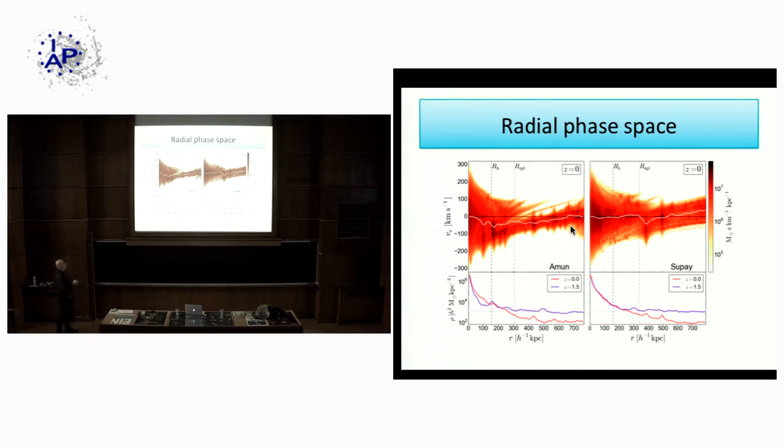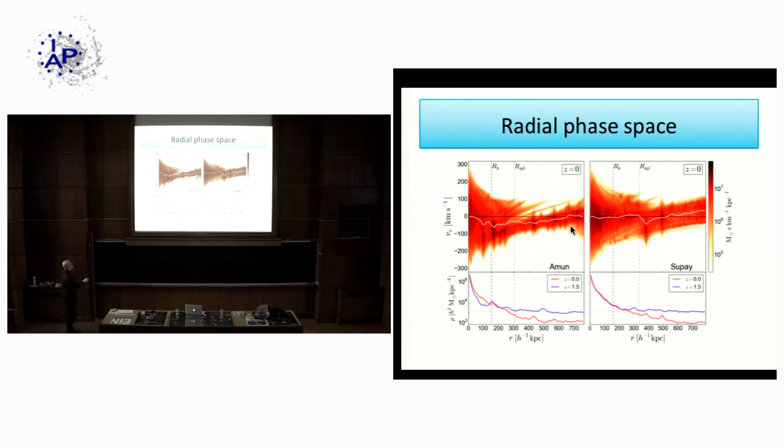So I repeat, three components: the virialized part of the halo, an infalling branch with rather limited velocity dispersion, and these outgoing streams. What you see here as a white line is actually the overall average velocity of the particles in the halo as a function of radius.